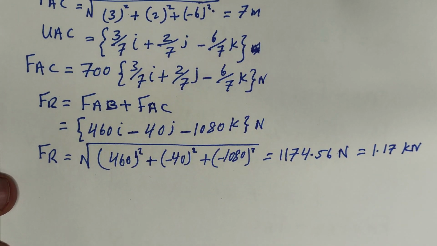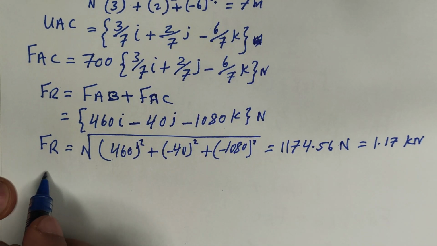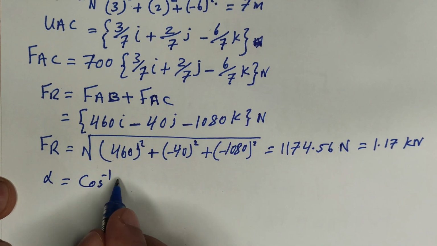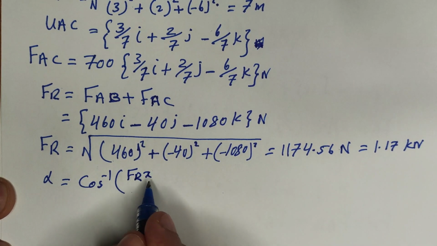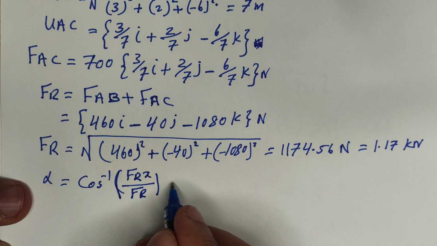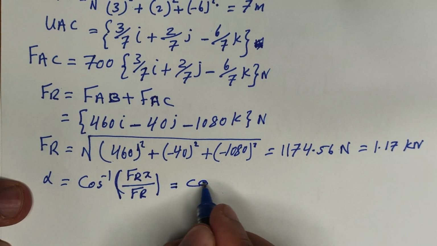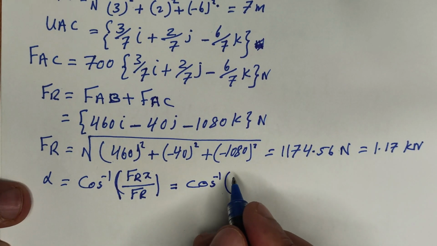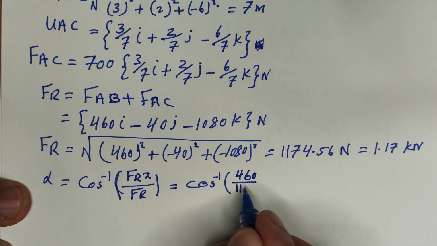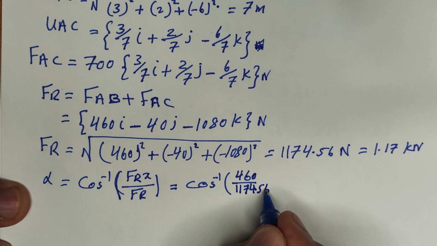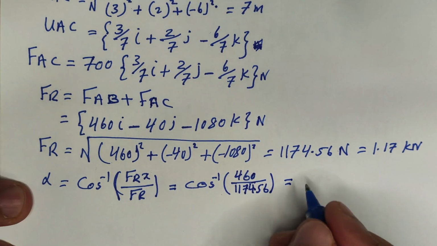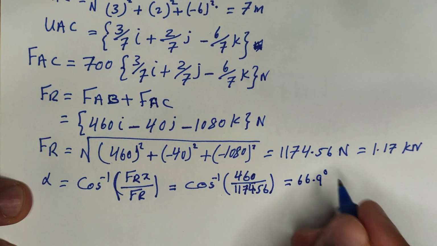We are going to find the coordinate direction angles. Alpha is equal to the inverse cosine of the resultant force in the x direction divided by the magnitude of the resultant force itself, which is the inverse cosine of 460 divided by 1174.56, and that should equal 66.9 degrees.